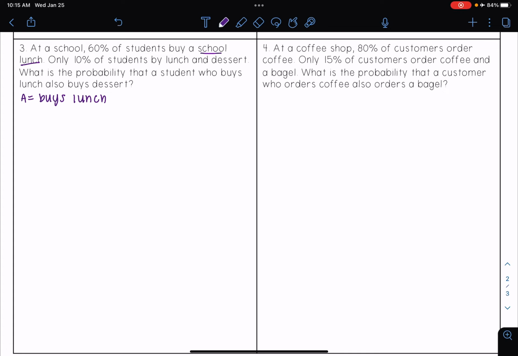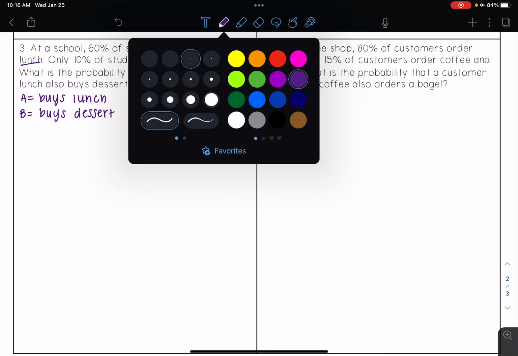Second probability is that students buy lunch and dessert. So a second event that I see there is B, buys dessert. And so I want to find the conditional probability that a student who buys lunch also buys dessert. Another way I can think of that is, what is the probability a student buys dessert given that they bought lunch? And so we can use our formula for this.